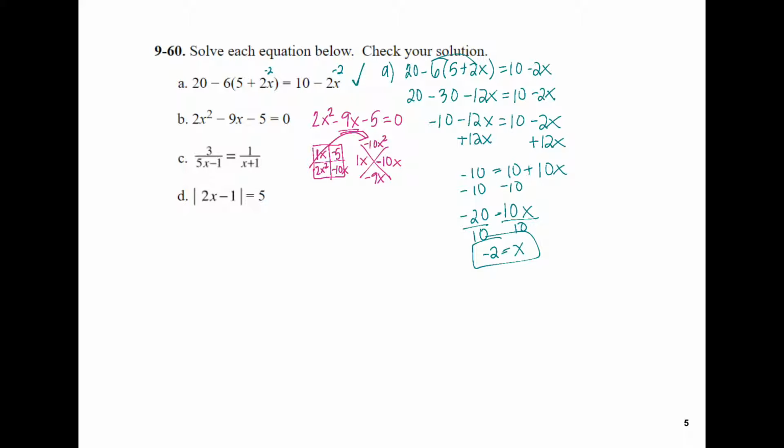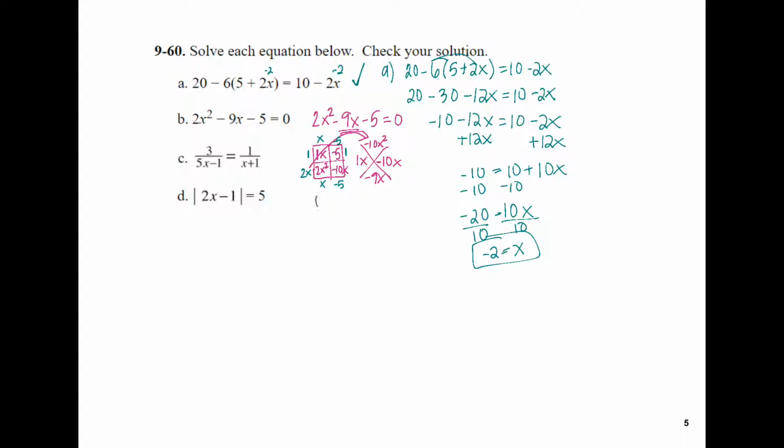Look for my dimensions. Negative 5 and negative 10x are both divisible by negative 5. Negative 5 times 1 equals negative 5. 1 times x. And 2x times x equals 2x squared.